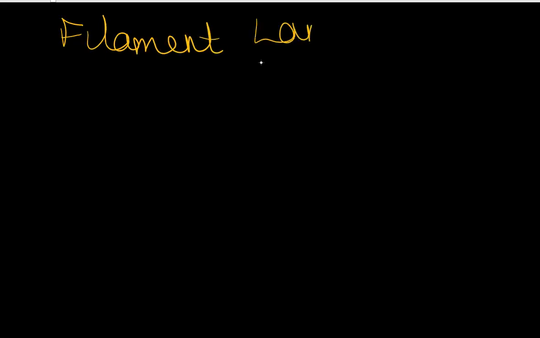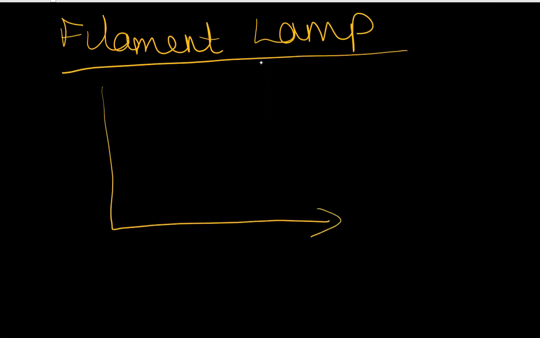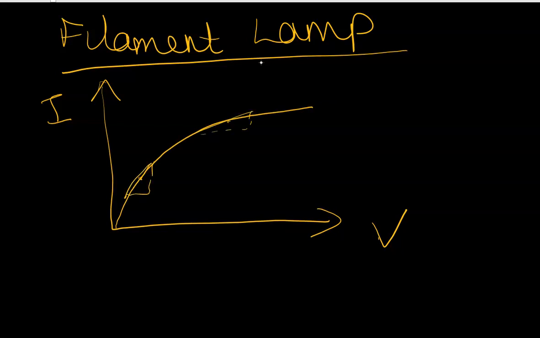Now, if we talk about a filament lamp, then we are talking about an IV graph that represents a relationship like this. So eventually you can get the tangent to different points along the graph here.